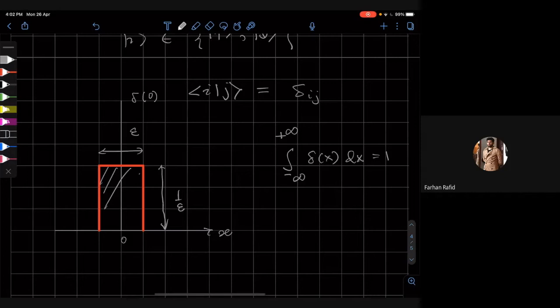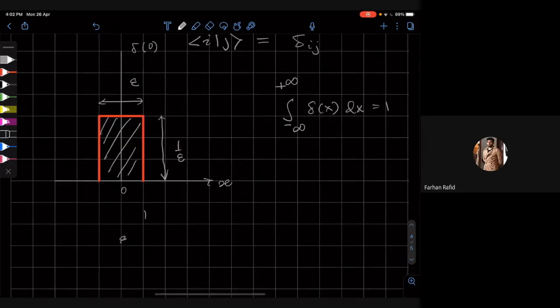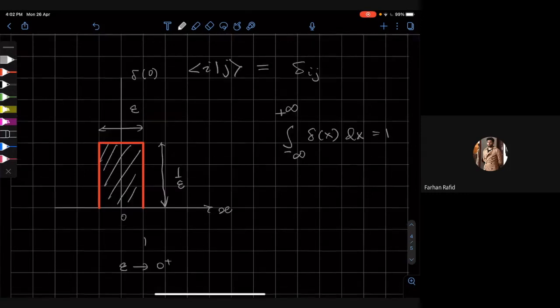So the area over here is 1. Then you take epsilon to 0 from the positive side, so that the top hat gets thinner and taller in a way such that the area under the curve remains the same. That is called a representation of the Dirac delta function.